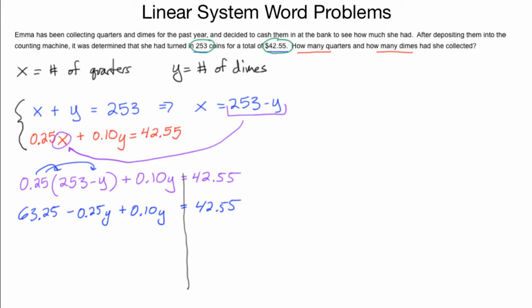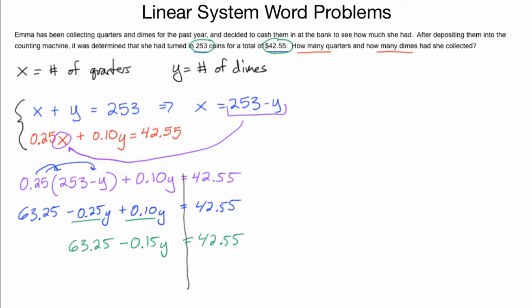All right, good distributing. Now let's combine like terms. Negative 0.25y plus 0.10y is going to give me 63.25 minus 0.15y. Those two combine together, but I got a negative value there. And that's going to equal 42.55.